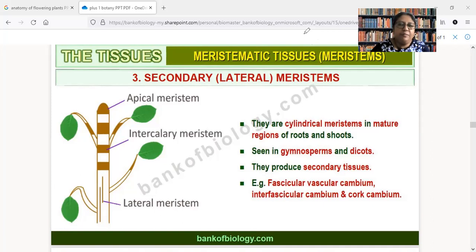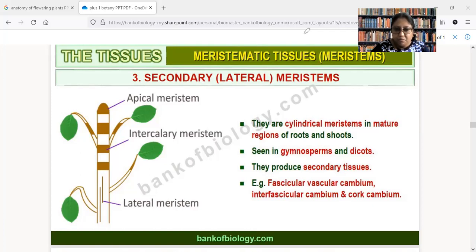So this part of plant growth is known as secondary growth. This lateral meristem is responsible for secondary growth of plant, and it is becoming functional at the later stage of growth of plant. That's why it is known as secondary meristem.